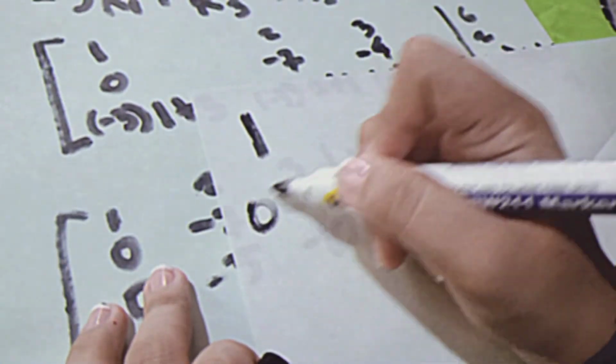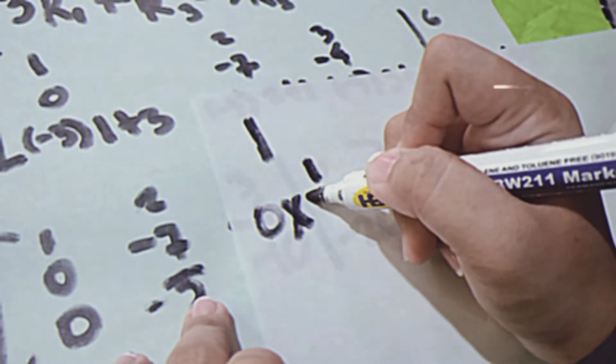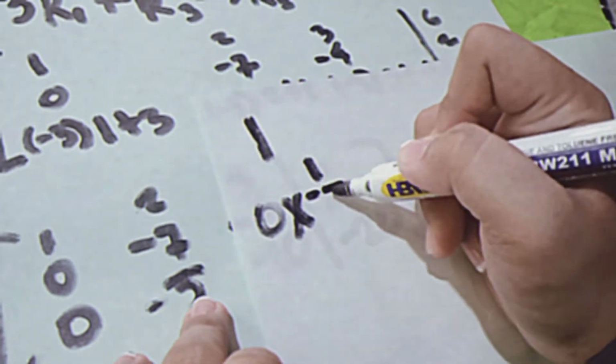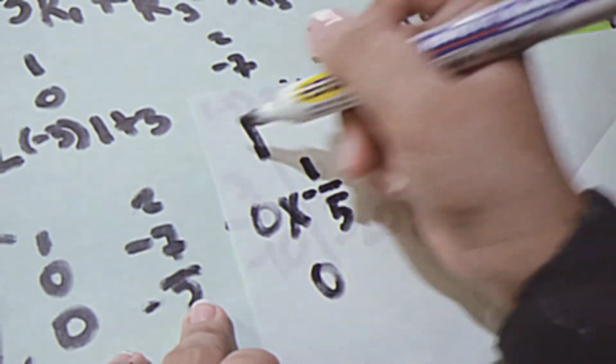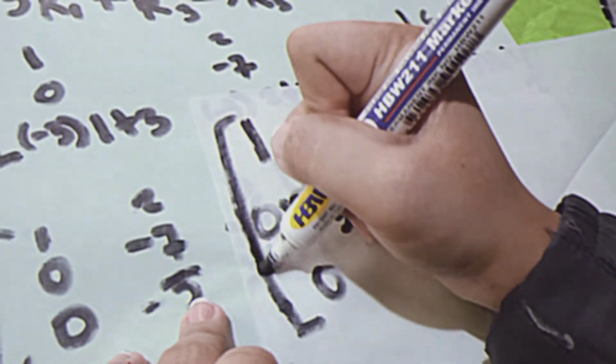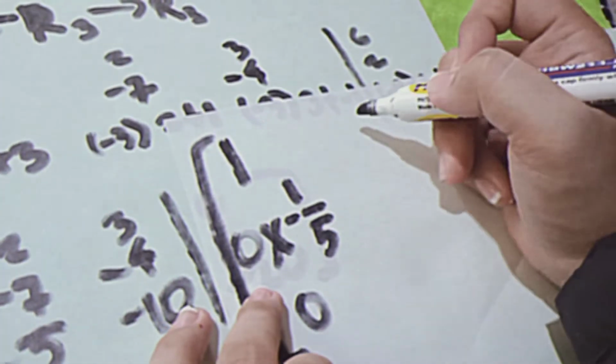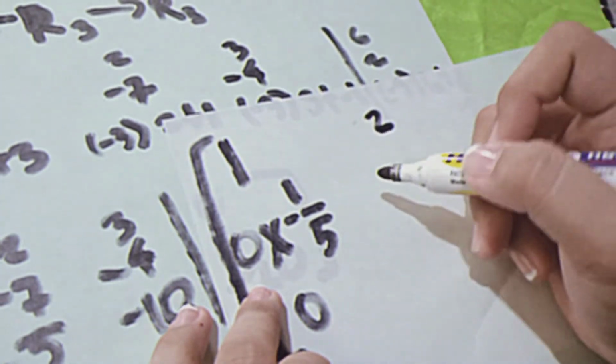So we do it like this. 1, then 0 times 1, then negative 1 over 5, then 0. Then 2.